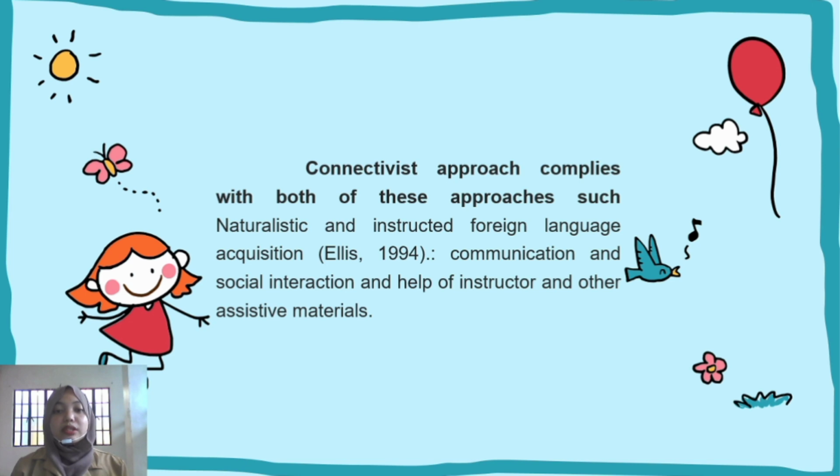So when we say naturalistic communication and social interaction, and when we say instructed foreign language acquisition, we say that instructor and other assistive materials get to help in the learning process. So when we say connectivism, dalawa ang process, both it complies both the naturalistic and instructed foreign language.